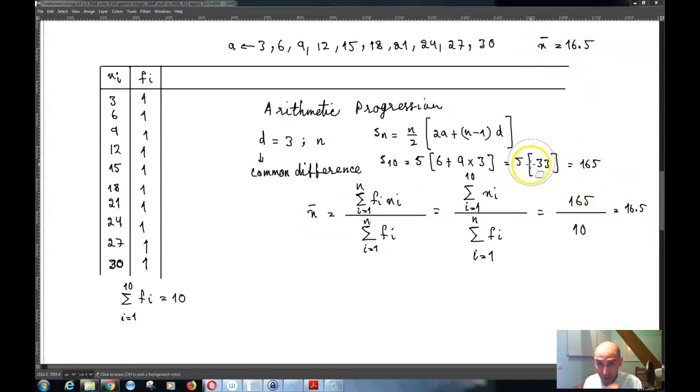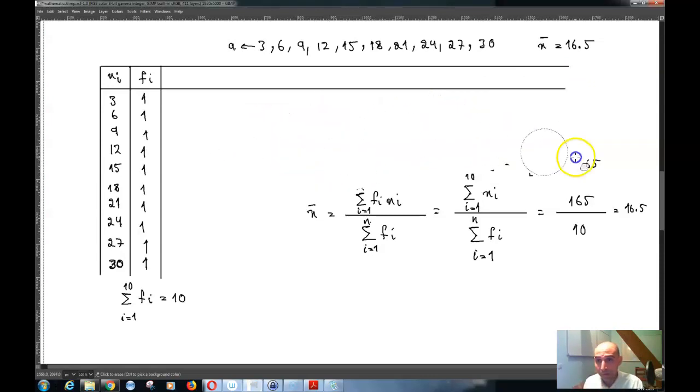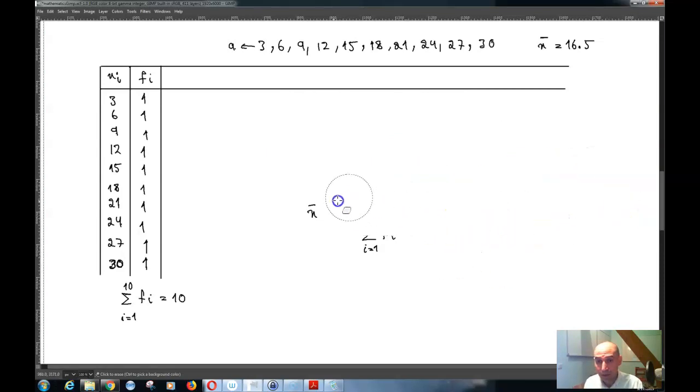Now the next part that we have here is, so sigma x of i is actually, okay, we don't really need it, I suppose. Now, the next thing that we need here is to find the variance of the data.